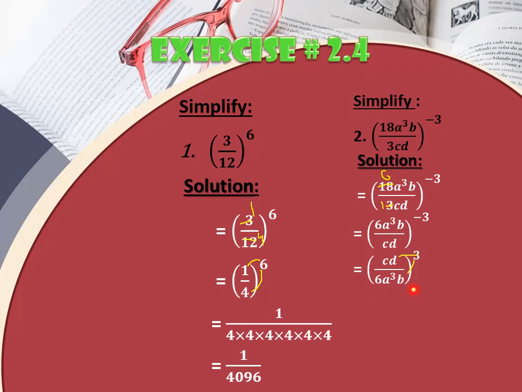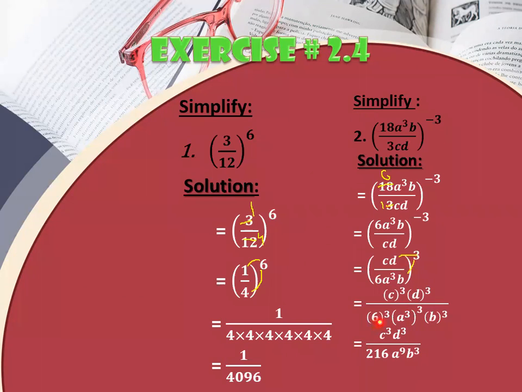Now you will give this power 3 to this c and this d as well. So it will become c cube, d cube, and you will provide the power of 3 to this 6. So it will become 6 whole raised to the power 3, then a to the power 3 whole cubed, and then b cubed. Now simply you will solve it. So it will become c cube, d cube.